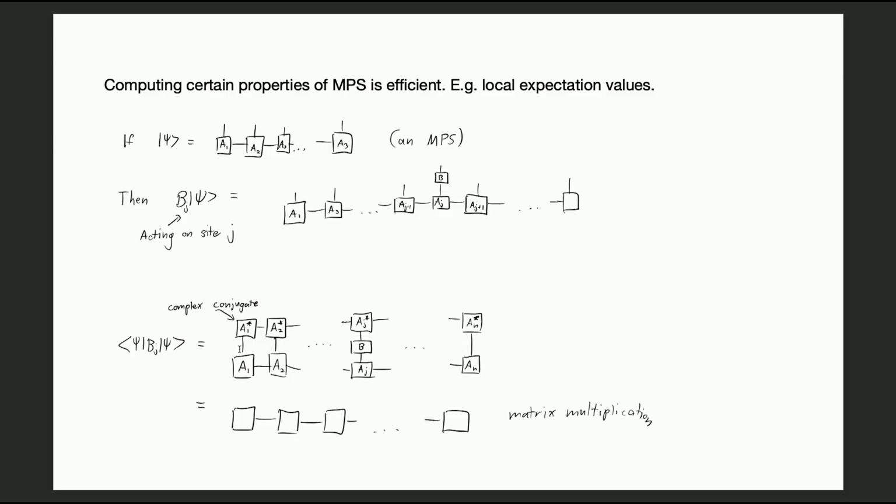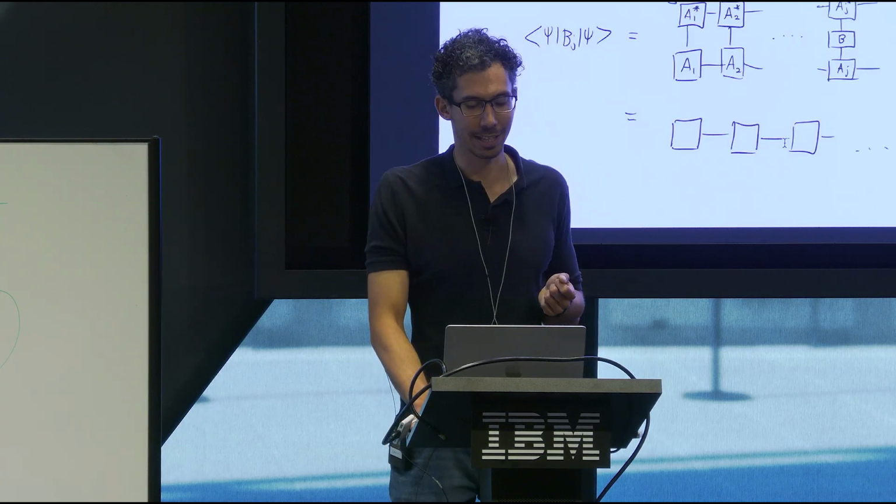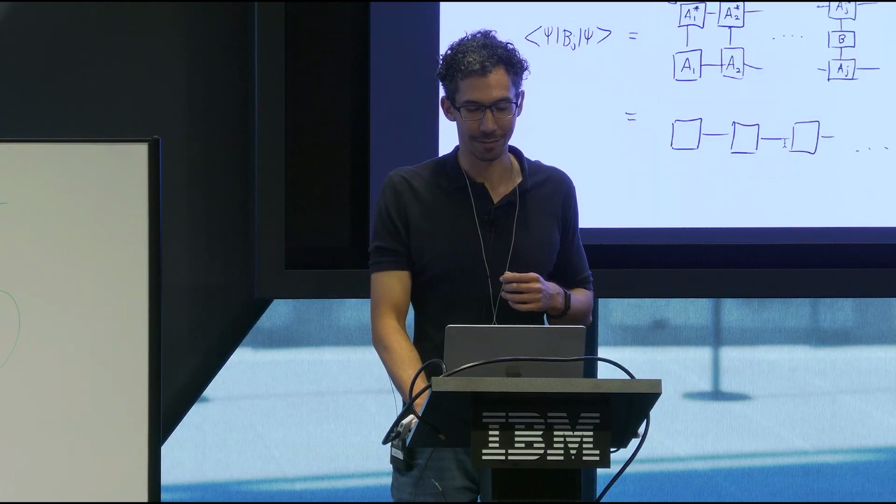First you would contract pairs of tensors together, or in this case 3 tensors together vertically, and then you get a chain of tensors like this. Because we have constant bond dimension, this is just a multiplication of matrices capped off at each end by a vector. And the matrices are of bounded size, independent of the system size. So we can use this matrix product state picture to calculate local expectation values efficiently.